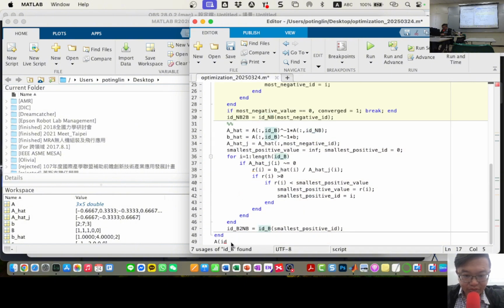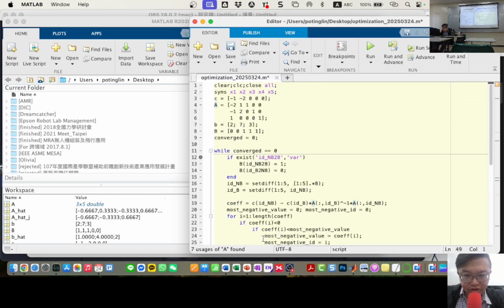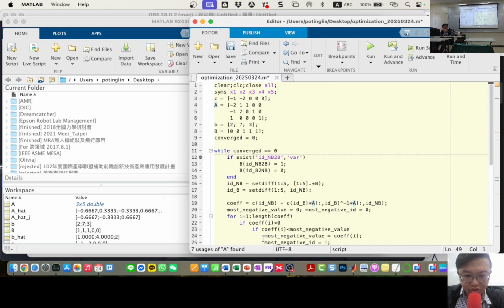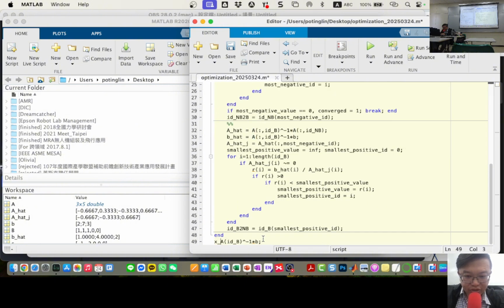IDB, the IDB inverse times B. That's your solution, but you need to know which are the three. So at the end, I will have, oh, so I will say X star and IDB equals 2.